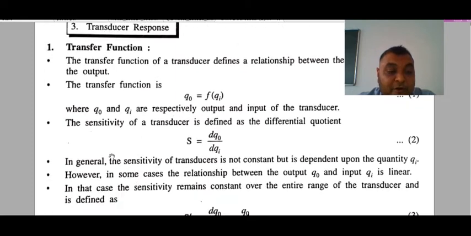Now from that, the sensitivity of the transducer is defined as the differential quotient. We can denote the sensitivity with S. Sensitivity S is equal to dQ0 by dQi, that is output divided by input.